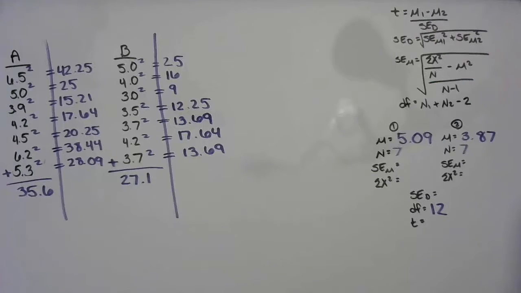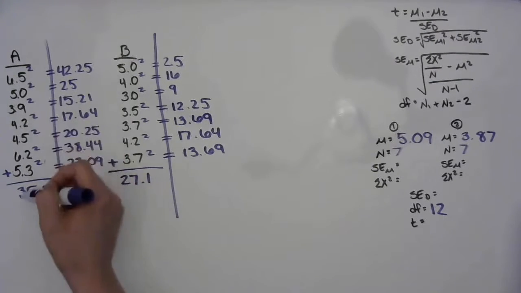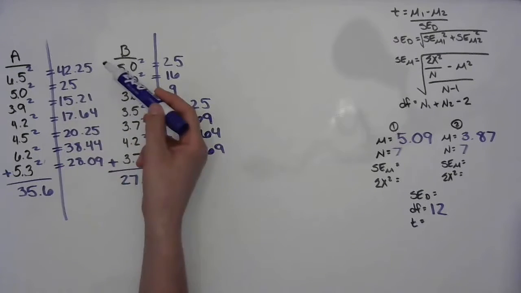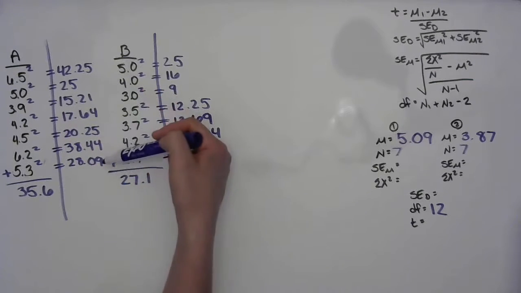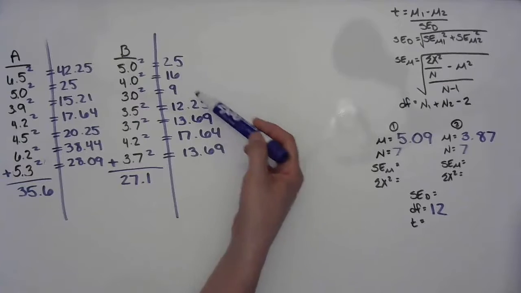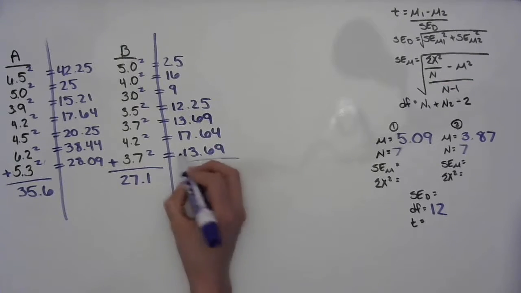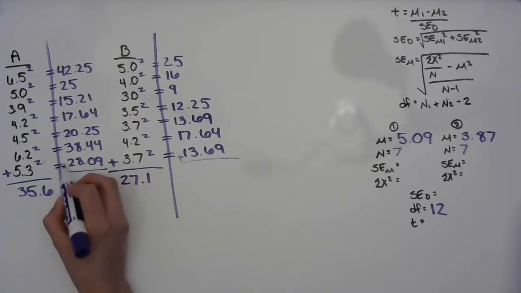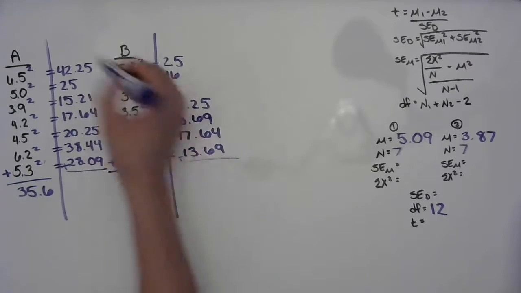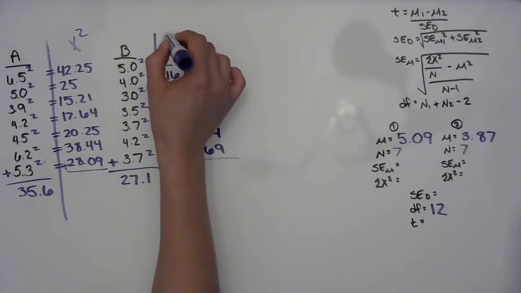Okay, so for the sum of squares, we take our raw scores and we square them, and then we add all of these up. I went ahead and wrote down what each of the values was squared. So now all that we have to do is add them up for each group. We'll label this here.